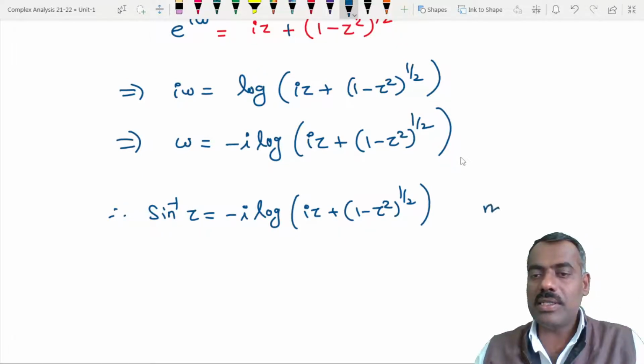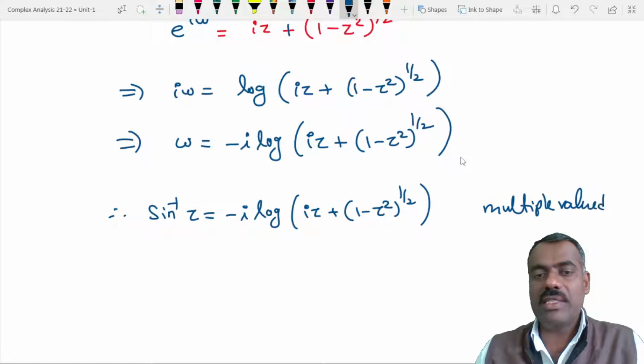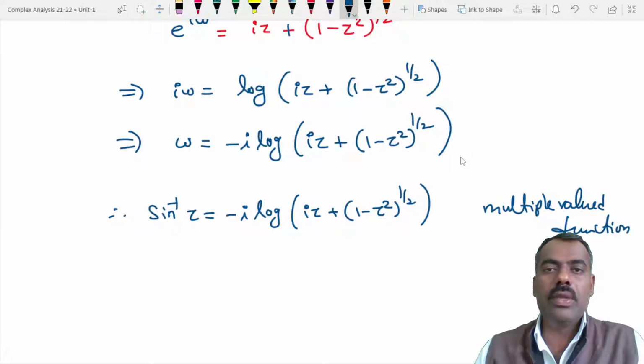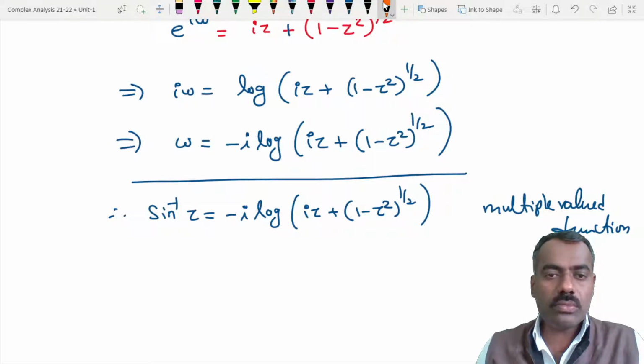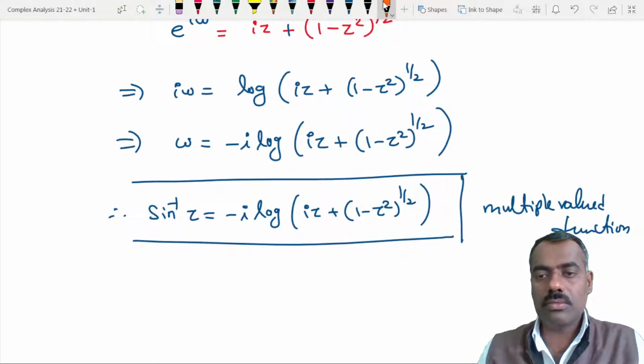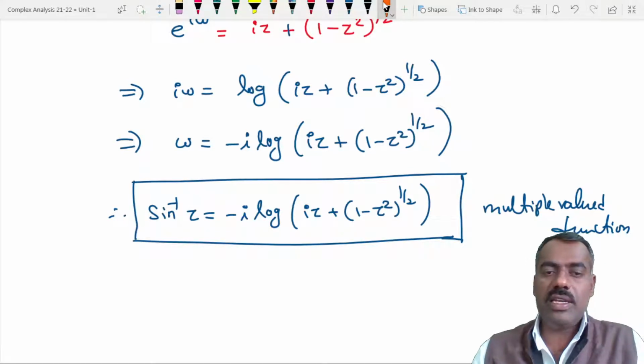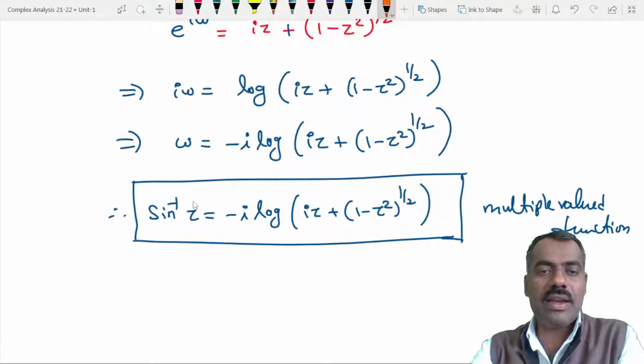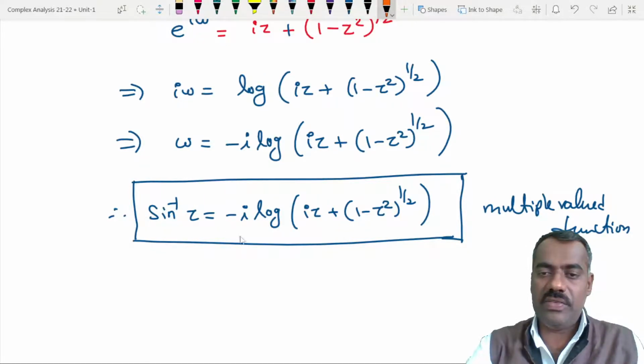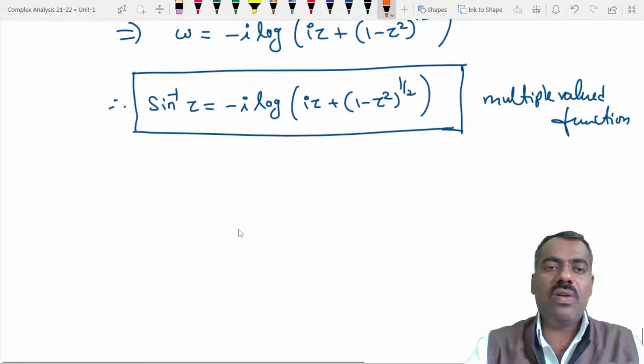Therefore sine inverse z is a multiple valued function. It is not difficult. You can take any complex number z and try to find the values of sine inverse z. Similarly, you can find the value of cos inverse z.